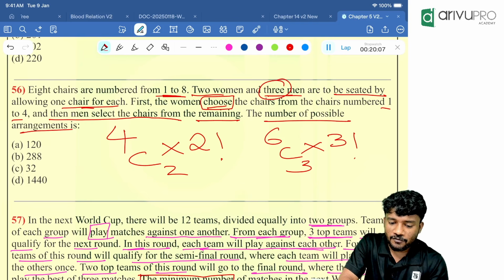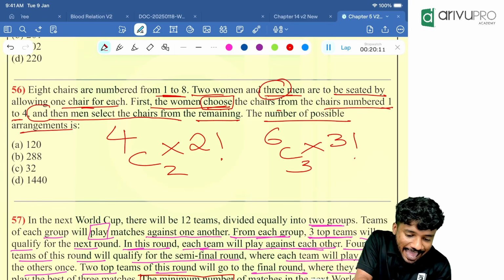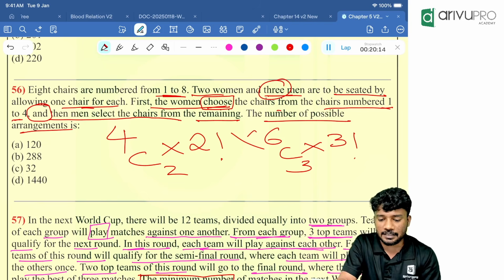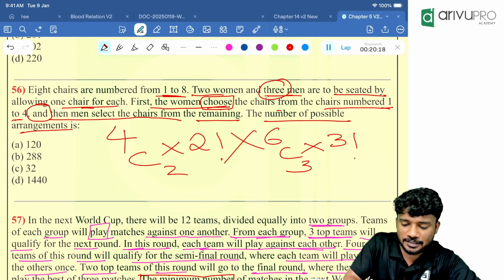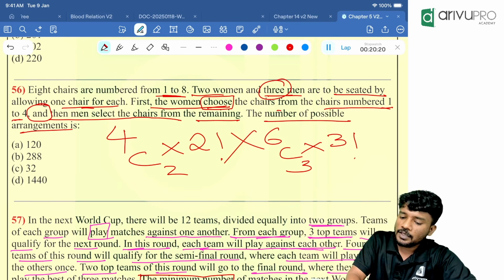Read the question. First, the women choose the chair from the chairs numbered from 1 to 4, and then the men select. That means we should multiply. You will get the answer. How much is the answer, people? 4P2 into 6P3.